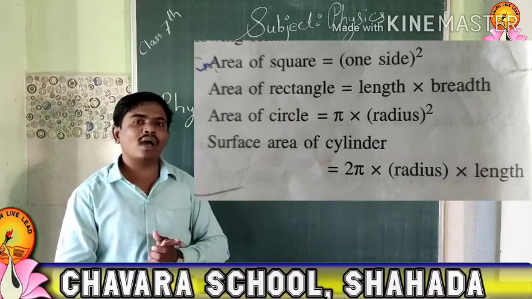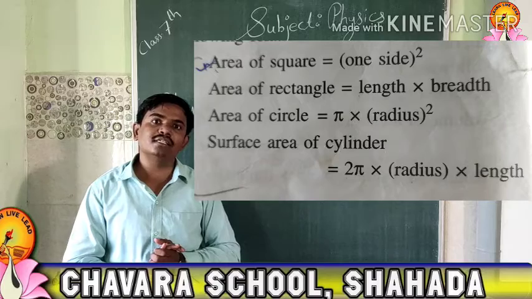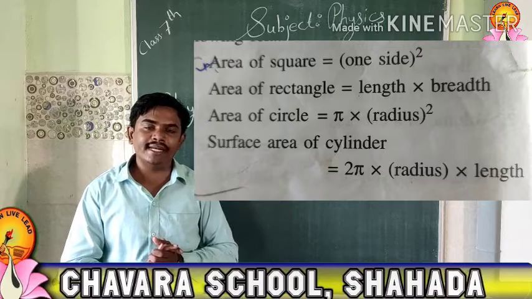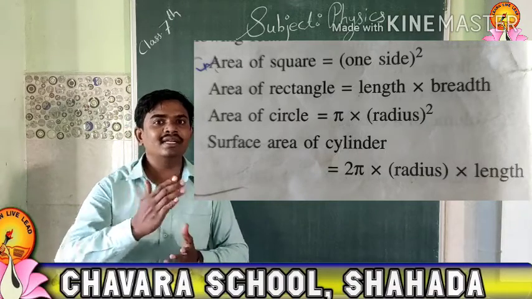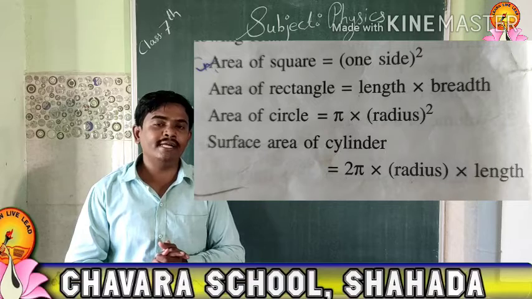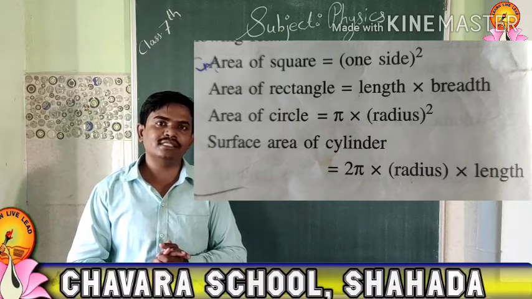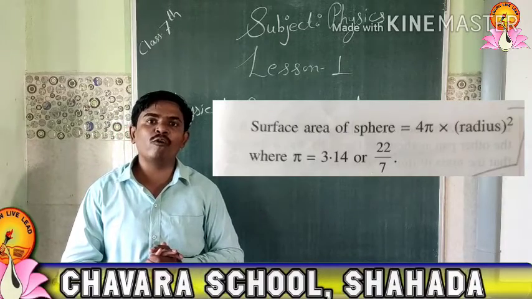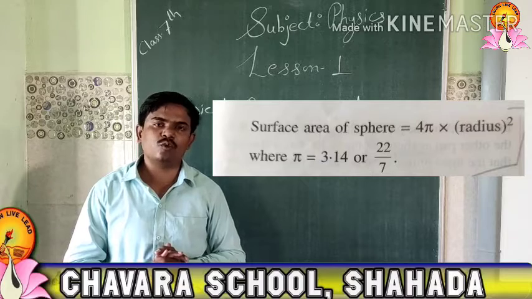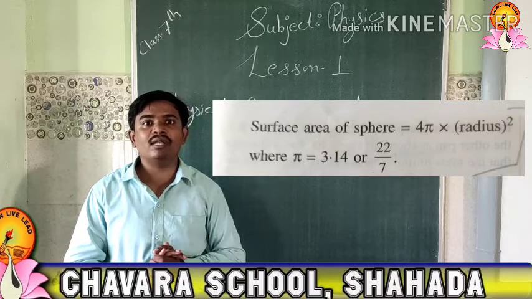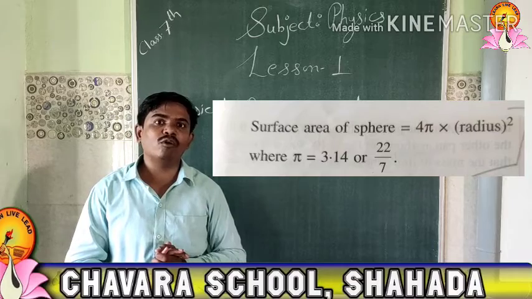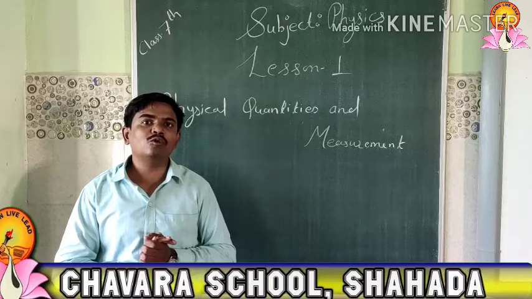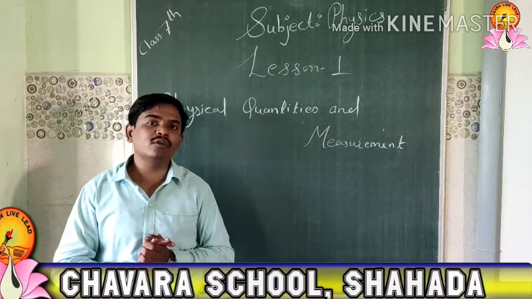The area of square is equal to side square, and the area of circle is pi radius square. Cylinder is 2 pi into radius into length, and the area of sphere is equal to 4 pi into radius square, where pi is taken as 3.14 or 22/7.